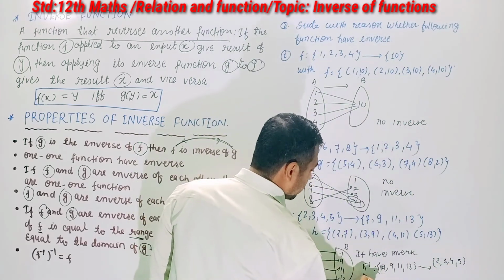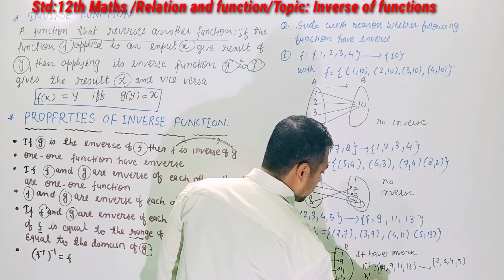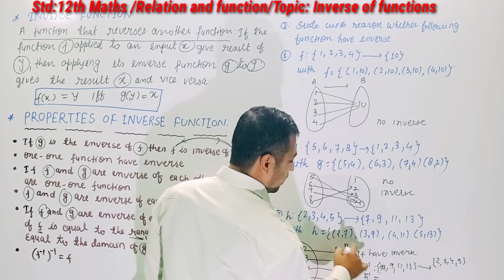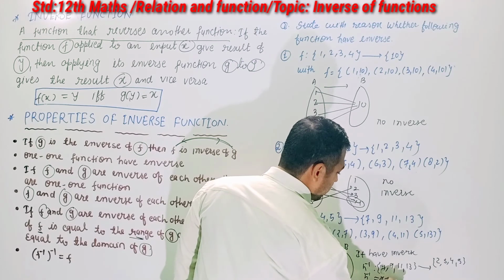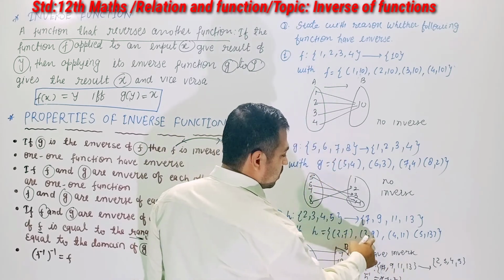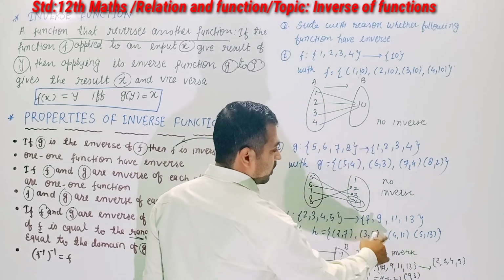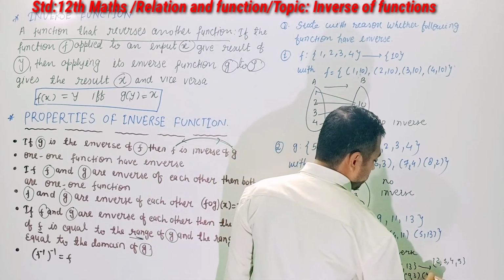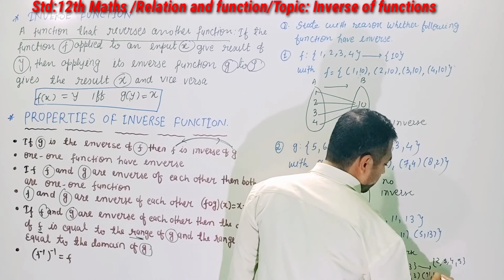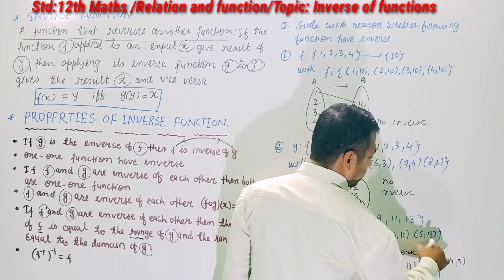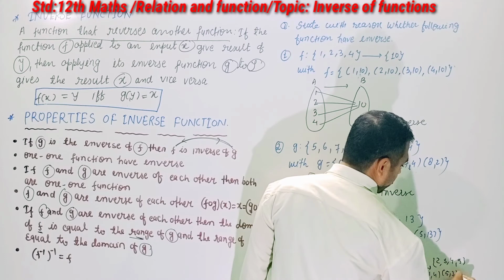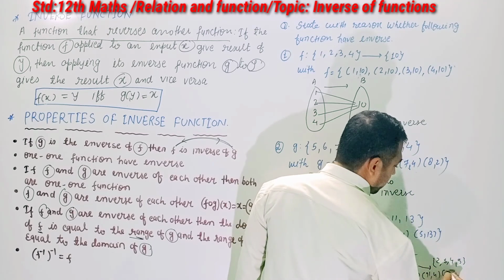So you can write the inverse of the function. h inverse will be: 7 to 2, 9 to 3, 11 to 4, and 13 to 5.